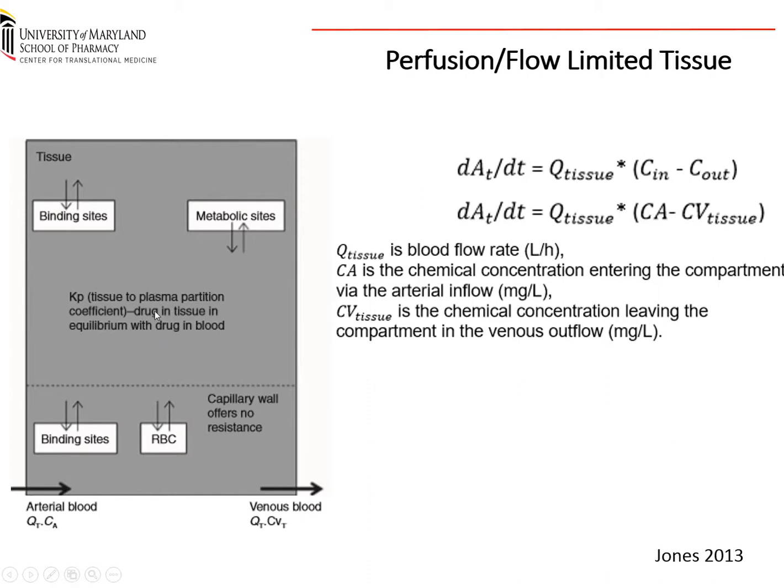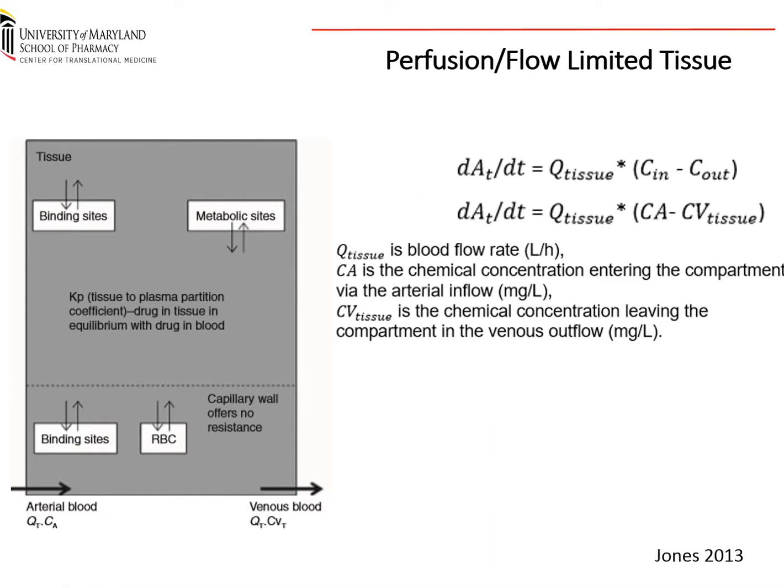And this ratio of total drug concentration in the tissue to the total drug concentration in the vascular portion is called the partition coefficient. So here we are talking about total drug concentration. But when the total drug concentration is at equilibrium, your free drug concentration is basically equal between the vascular and the tissue portion.